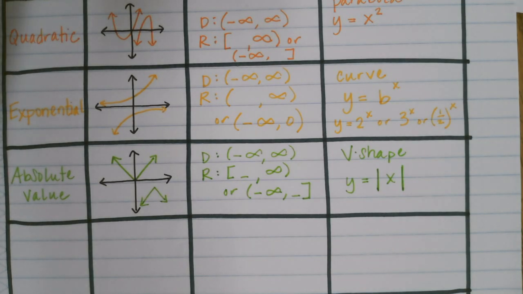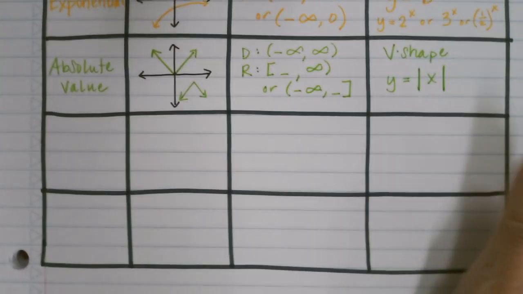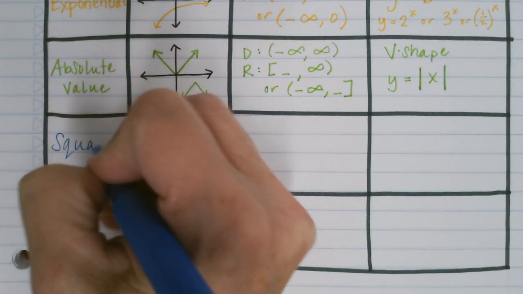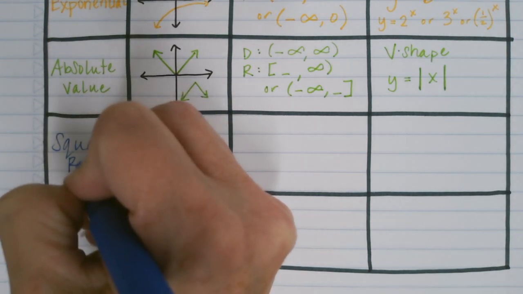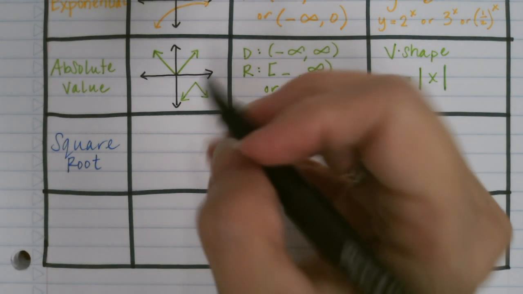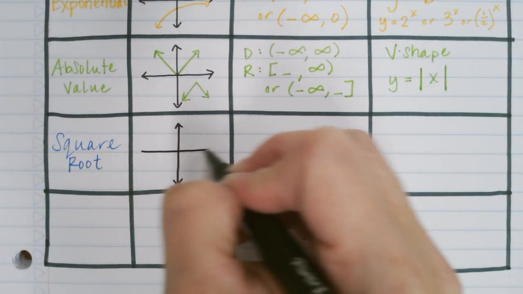All right, moving right along. The next one that we're going to look at is a square root function. So a square root function is kind of like half of a parabola.